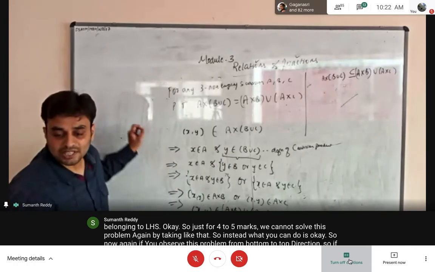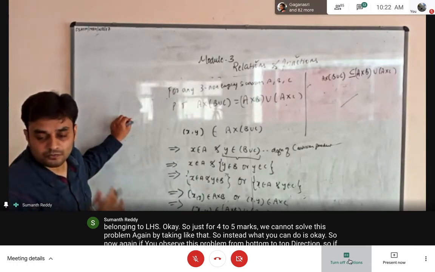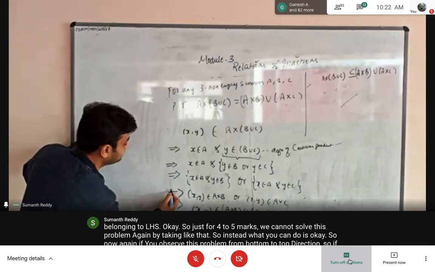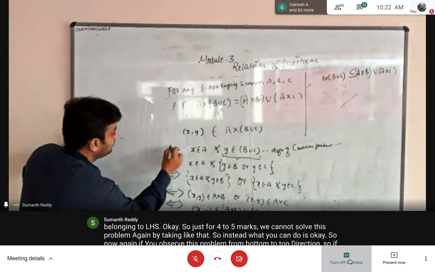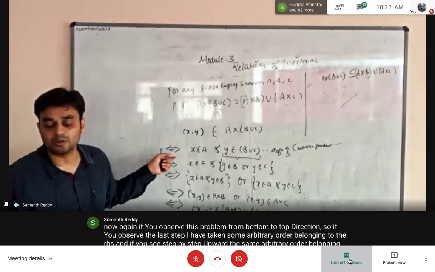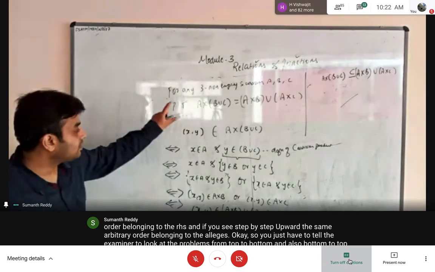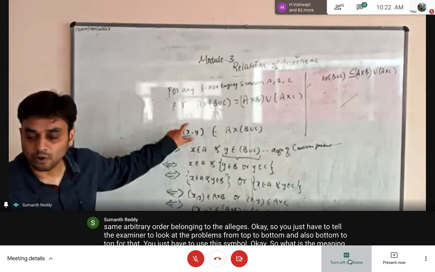So you just have to tell the examiner to look at the problem from top to bottom and also bottom to top. For that, you just have to use this symbol. This symbol indicates that you have to look at the problem from top to bottom and also bottom to top. So if you look at the problem from bottom to top, what is the conclusion?